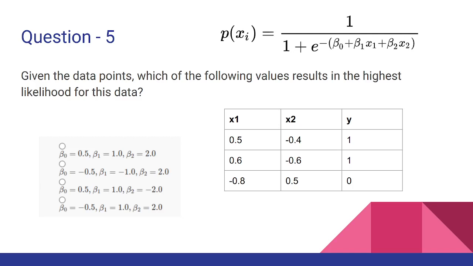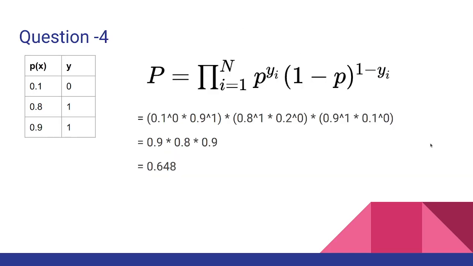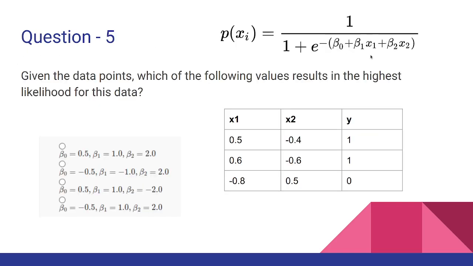In this case we have two values. We were already given the output from the model, but here we are given the input only, the data only, not the model prediction. We have to find the model prediction, and then find the likelihood. For the likelihood, we need two things: the model prediction and the label.